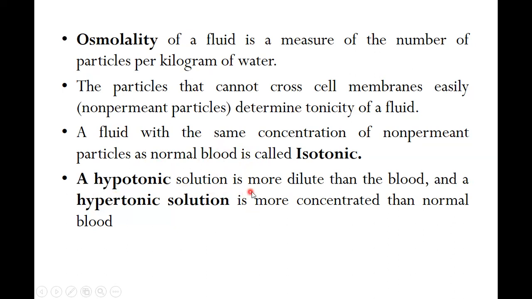Then a hypotonic solution is more dilute than the blood. It means that the concentration of these non-permeant particles in the hypotonic solution is less than that which is found in plasma. Whereas a hypertonic solution is more concentrated than normal blood. Okay?